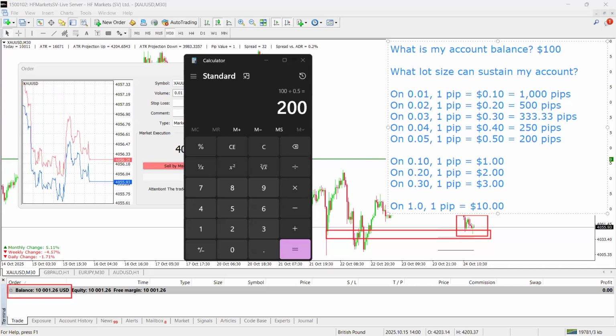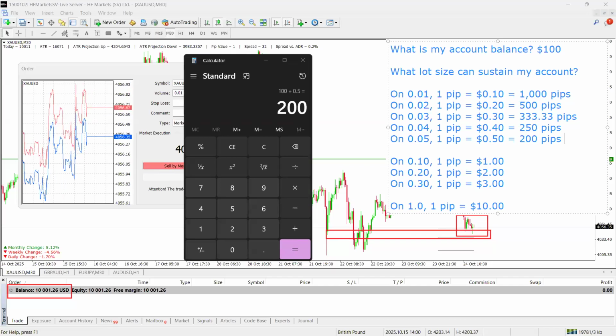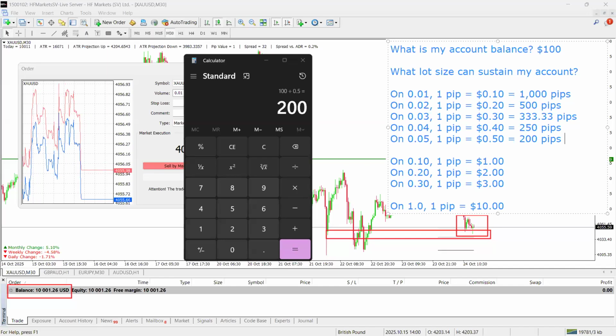Now let's even start from the micro environment. So I put about $100 in my account. I want to start trading. Now I want to first find out what lot size can actually sustain this account. And the reason why I'm first talking about sustenance and not yet about making money is because, to a certain extent, in this business, your first initial objective is capital preservation.